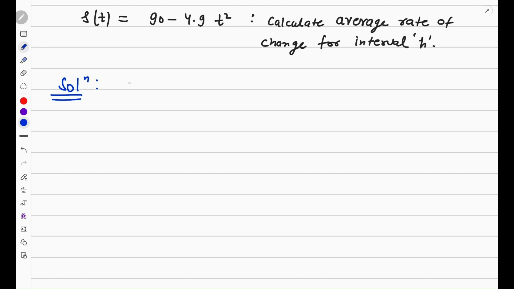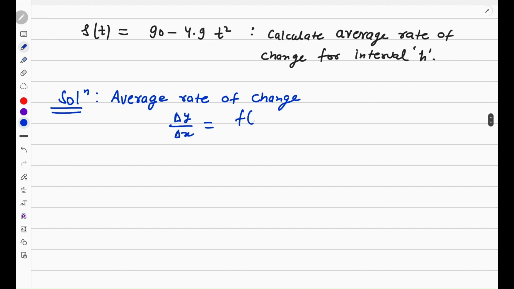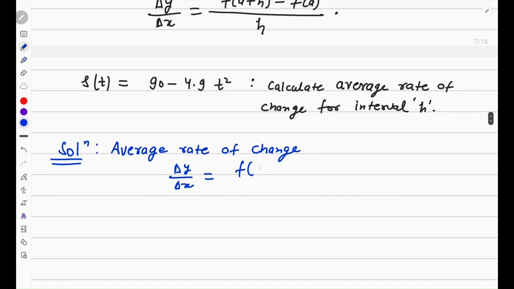we know the average rate of change, which is basically delta y over delta x, is f(a plus h) minus f(a) over h.